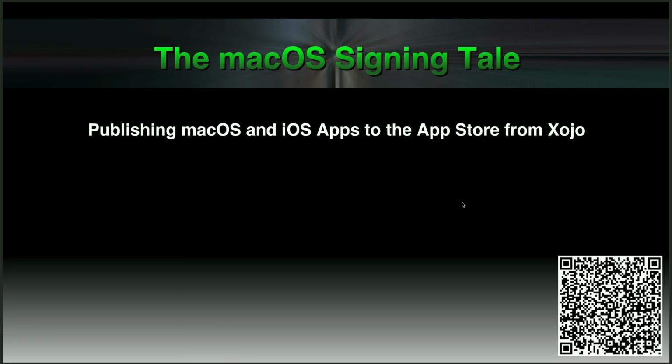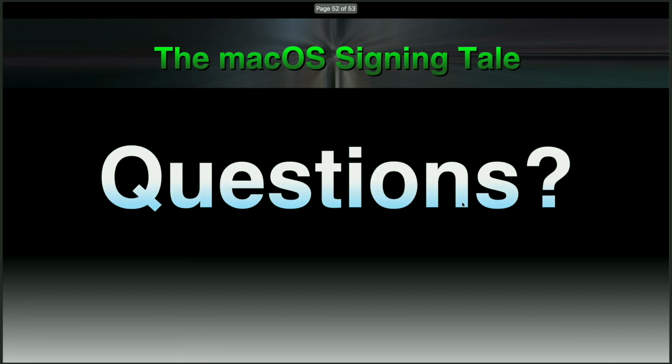Step by step, from installing certificates, handling everything from the Xojo IDE side, and when you click the publish button, what you need to do from the Apple developer website and the App Store Connect website. So, questions?